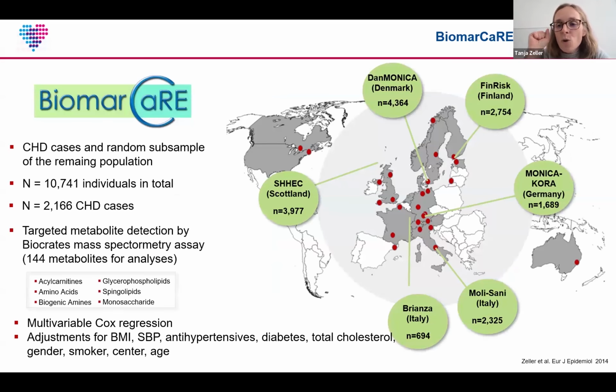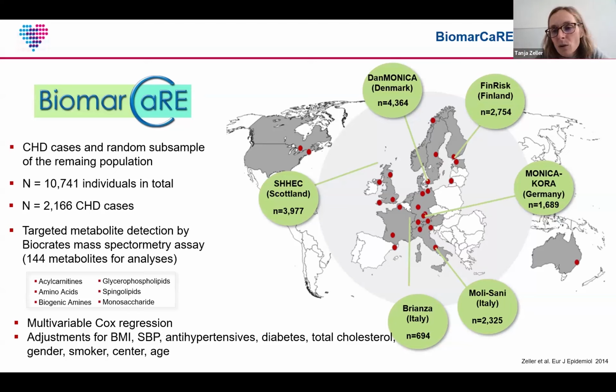And now this case cohort comes into play because we use this case cohort, and the analysis here was based on 10,700 subjects, so all with the incidence of coronary heart disease plus a subsample of this entire cohort.